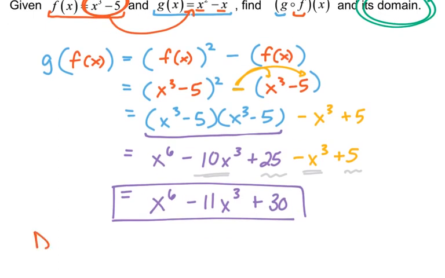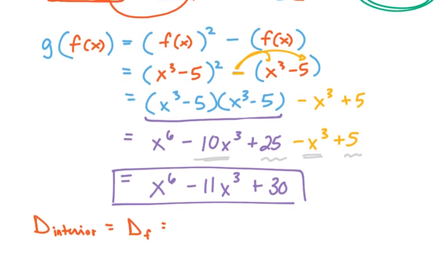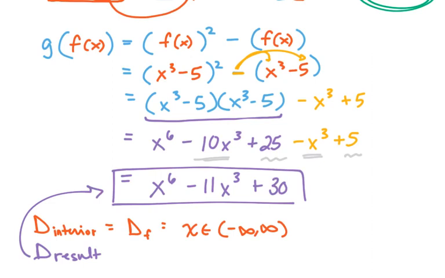So what is the domain of the interior? That's the same as the domain of f. And because f is a polynomial, it's x cubed minus 5, there is no denominator. There's no even root. We say that the domain is that x is in the set of all real numbers. Now, if we look at the domain of the result, that means we're looking at this up here, and that's also a polynomial.